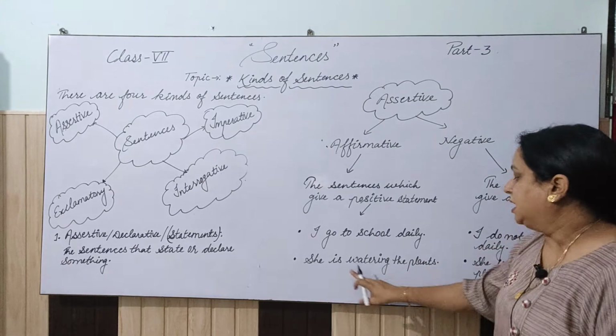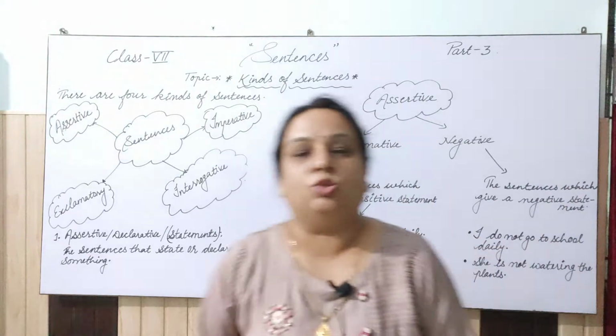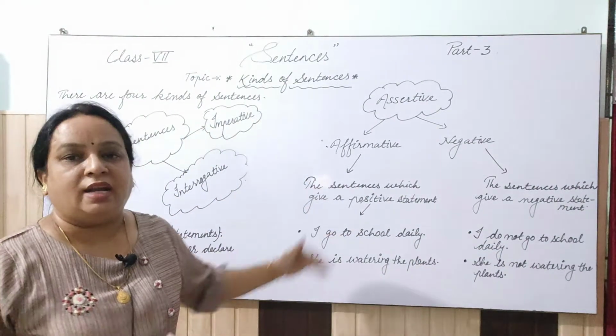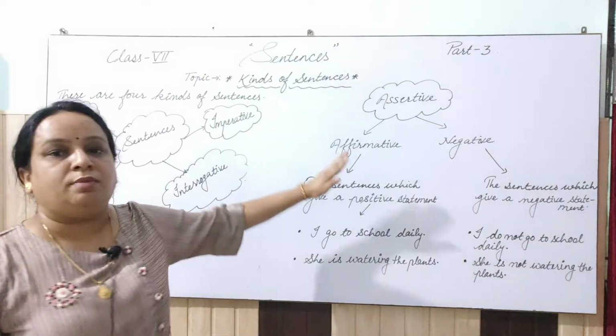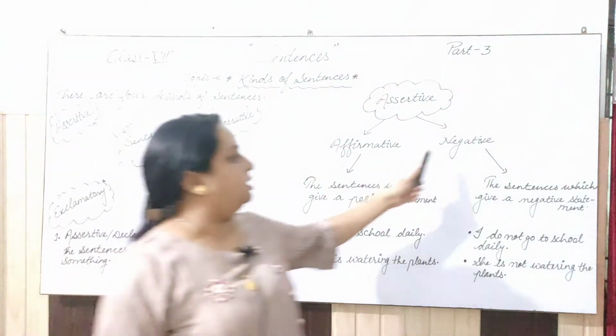Second, she is watering the plants. This is also a positive sentence. These types of sentences, which do not have a not word or negative word, are known as affirmative sentences. The second kind of assertive sentence is negative.